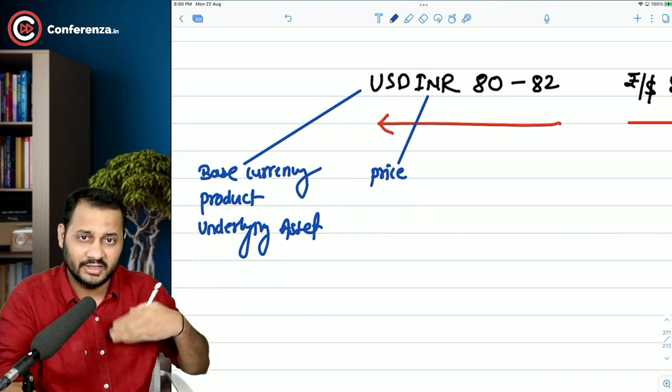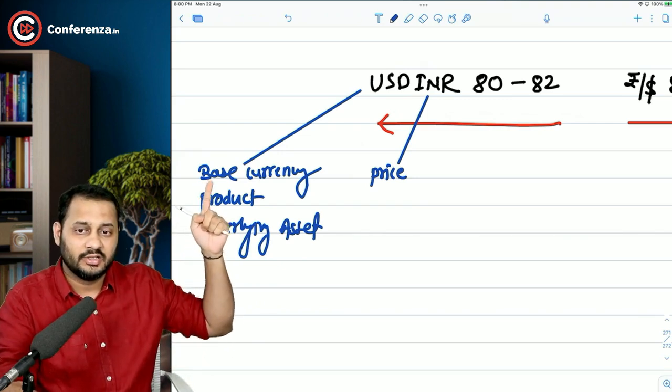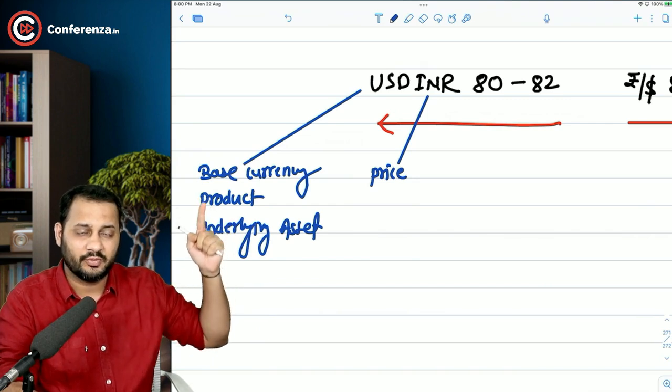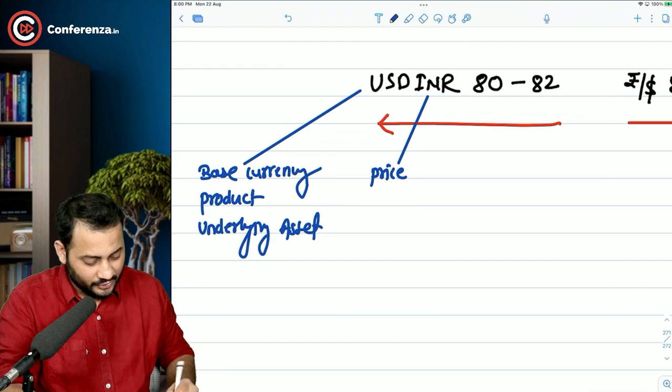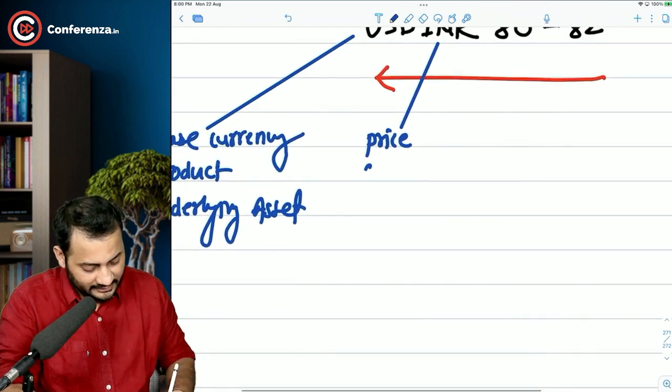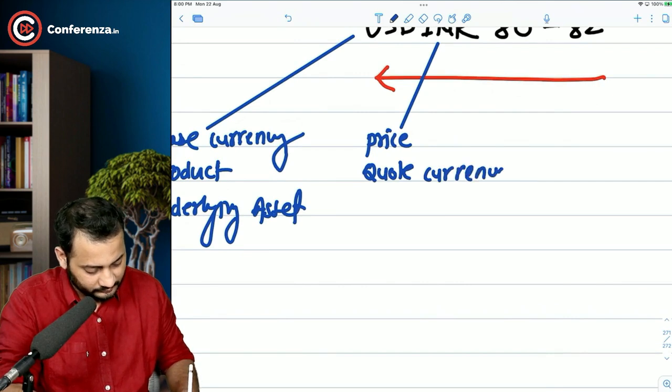So what exactly are you buying and selling? This base product or underlying asset you want to buy or sell, and the price that you have to pay for that is called the price, or you can say quote currency, or counter currency.